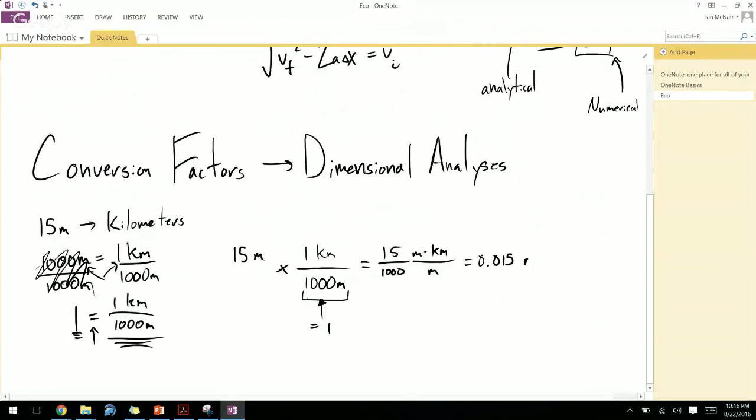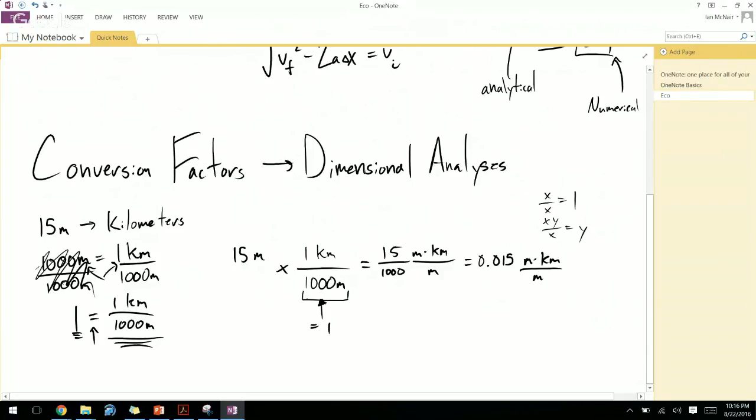I'm not going to cancel the units yet. Meter, kilometers per meter. And this is a weird unit. You've probably never seen this before. The reason why I wanted to leave this is because I want to show you the nature of units. You can treat units essentially as variables. So for example, if I had divided by x and I asked you to reduce that, you just get 1. If you had xy over x, we end up with y.